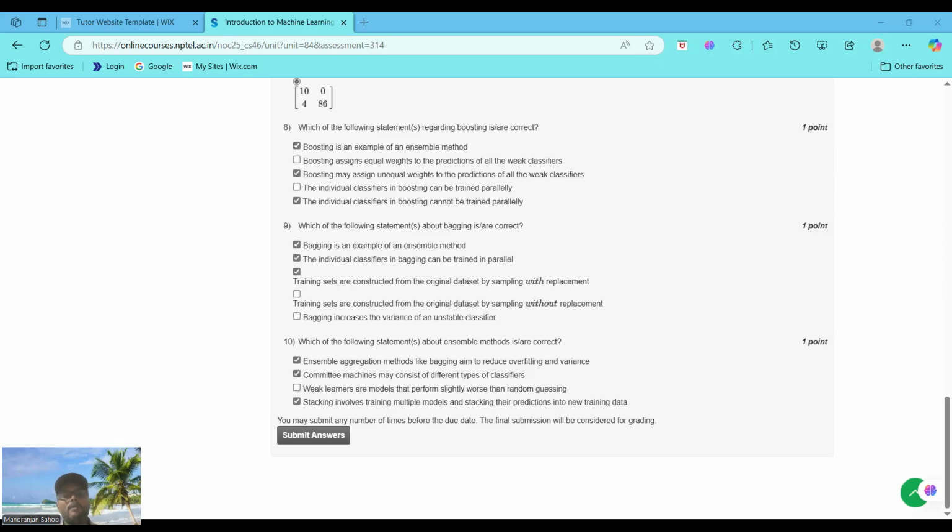Because a weak learner performs slightly better than random guessing, that is accuracy greater than 50% in binary classification. The last option we consider true: stacking trains multiple models, uses their predictions as features and trains a meta model. So except option C, options A, B, and D are the true answers. A, B, D.